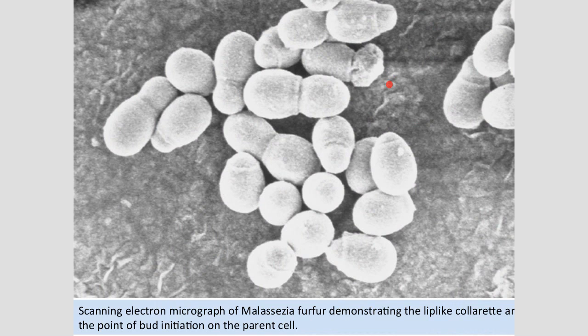It's just like budding out, but just begun to bud out. So if you are asked that under electron micrograph you see a fungus, and the report says it is a lip-like collarette, and you're given 5-6 fungi, make sure you pick Malassezia furfur.